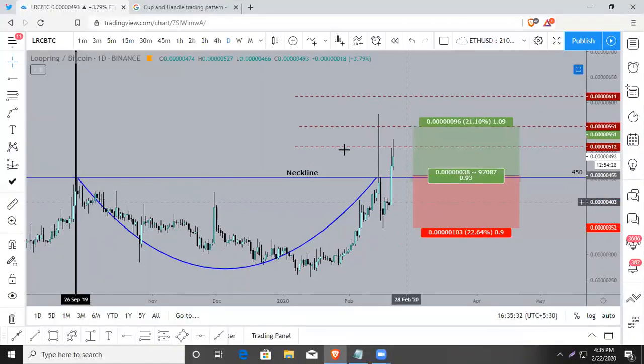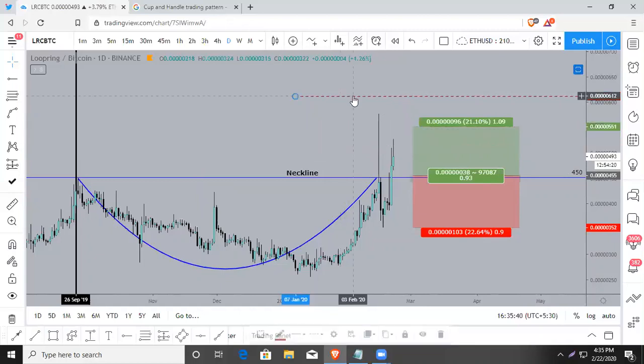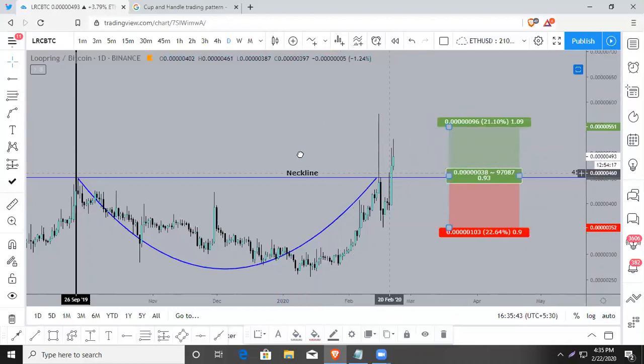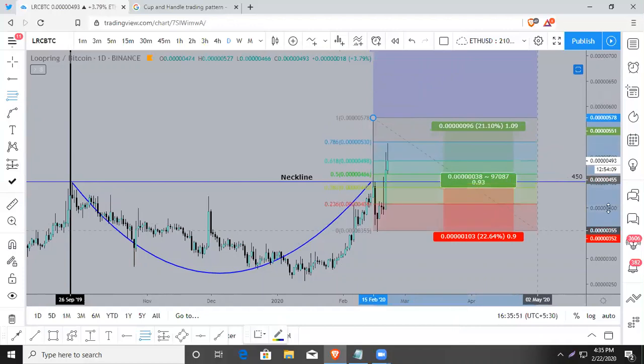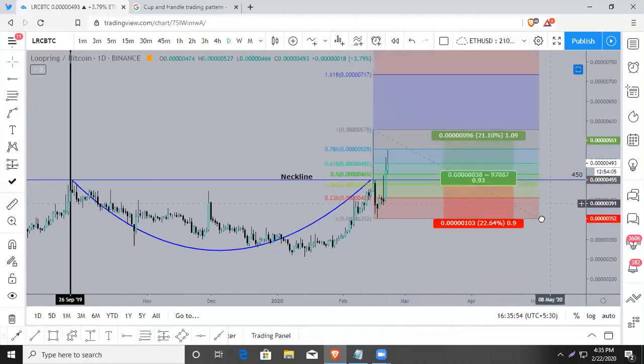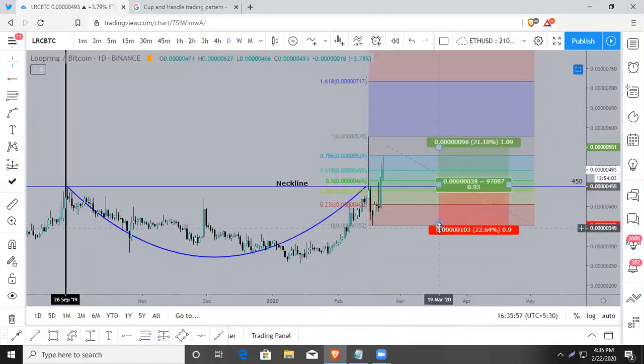So what I will do now, I'm removing the targets from the first entry and I'm going to take targets for the second entry. This time, if we are taking a buy stop entry or a market order, I'll use Fibonacci from this label to the low of the handle, where I have my stop loss below the handle, right?